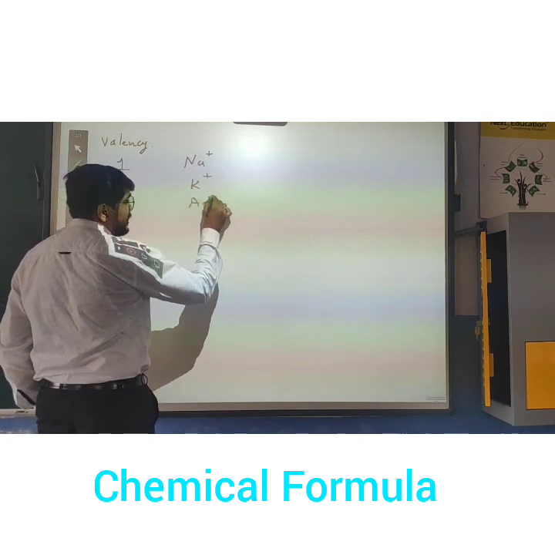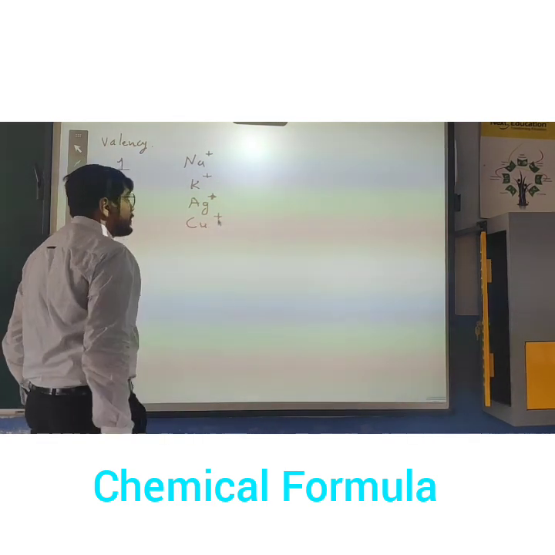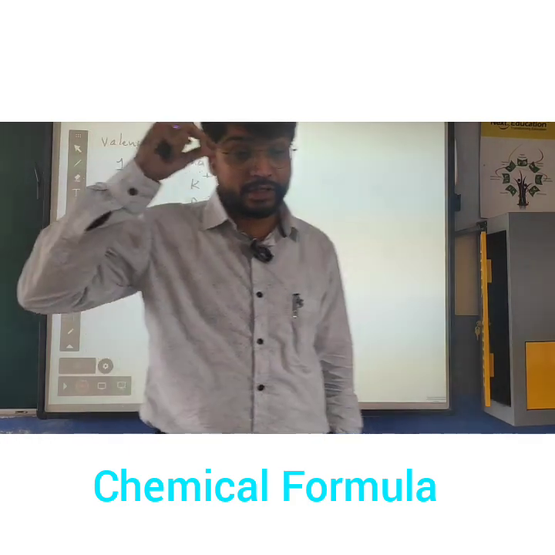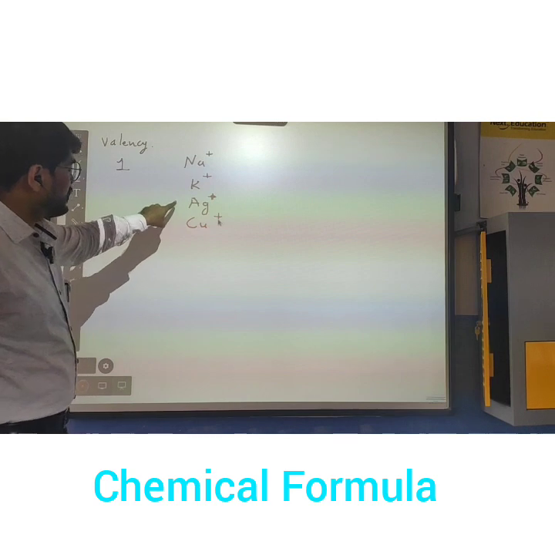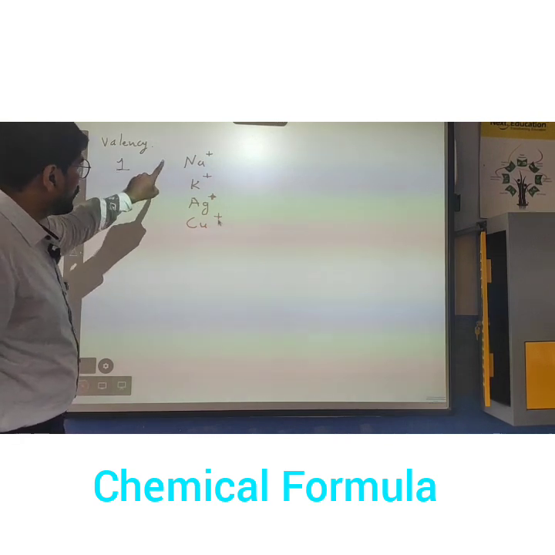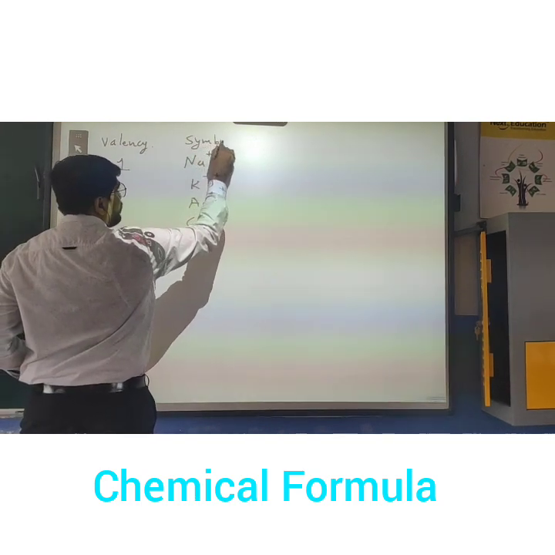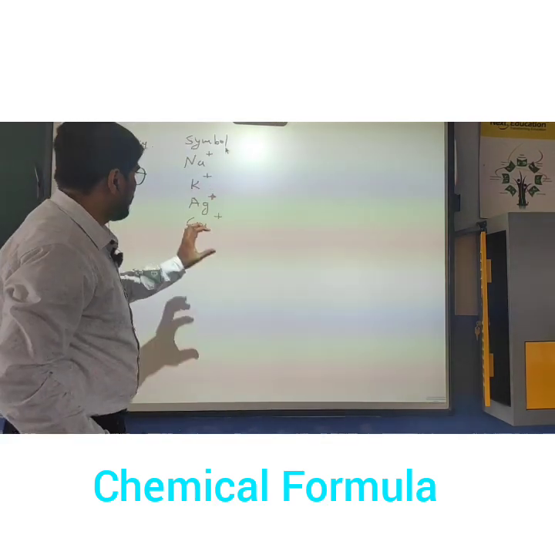And then we have copper, Cu plus 1. So these are the cations I have suggested over here: sodium ion, potassium ion, silver ion and copper ion, which have valency 1. These are the symbols which we are going to utilize to form an equation or a chemical reaction.